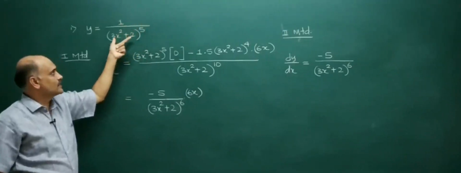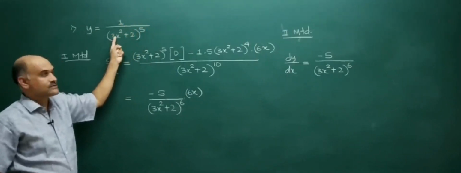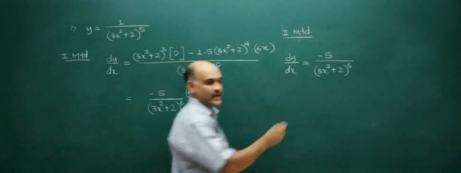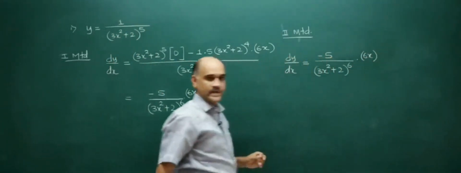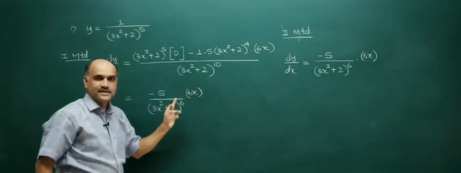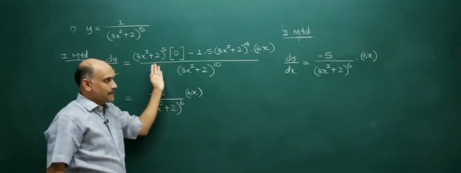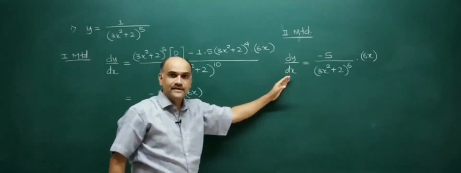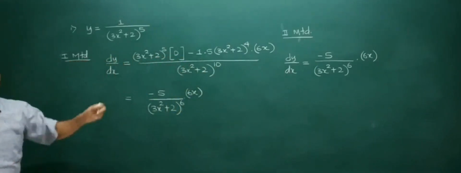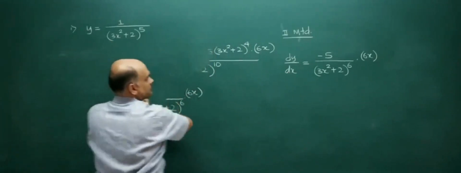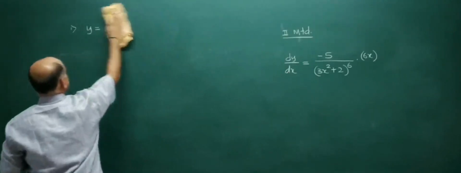So by chain rule, if I differentiate this bracket, you will have 6x plus 0, so into 6x. So if you observe, both answers are the same. Compared to this, the second method will be easy to solve. If I take a few more problems on this, you had better use the second method.